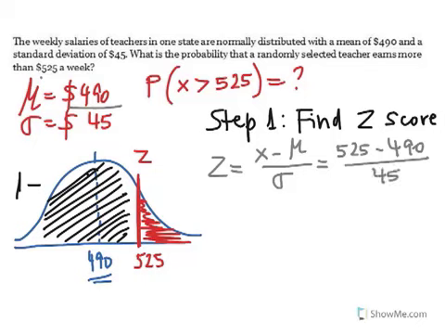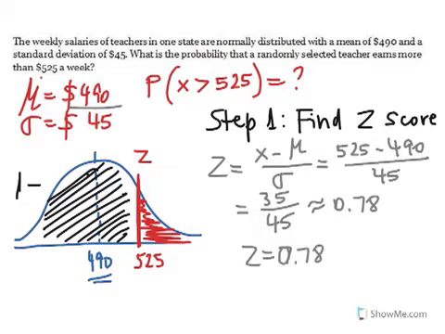So the z now will be equal to 35 over 45, and that's going to be equal to 0.78. So the z-score is 0.78, right?